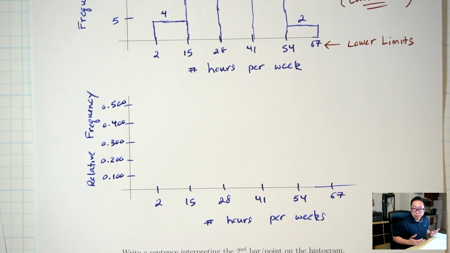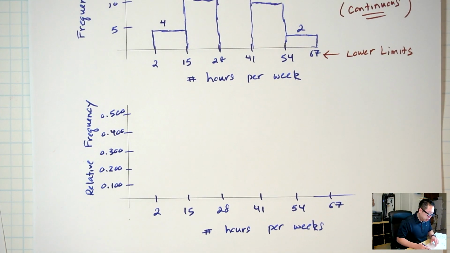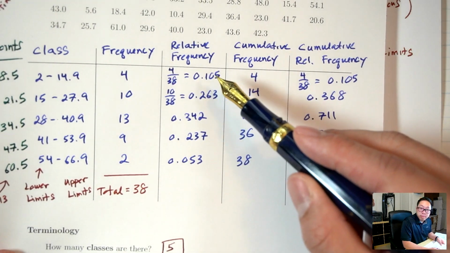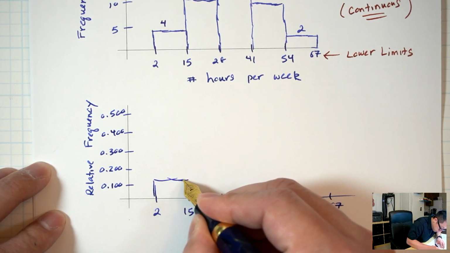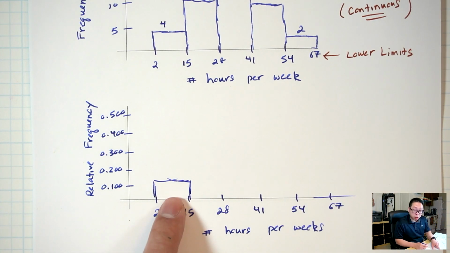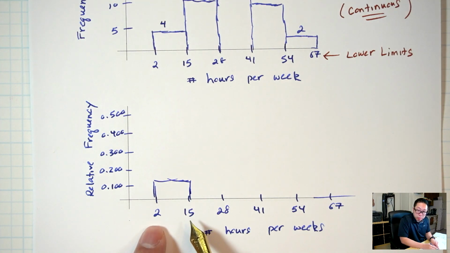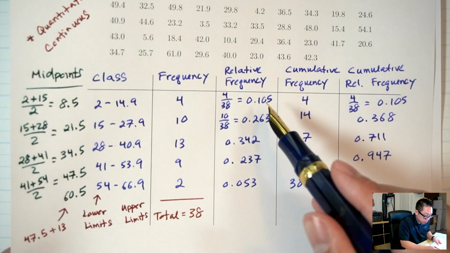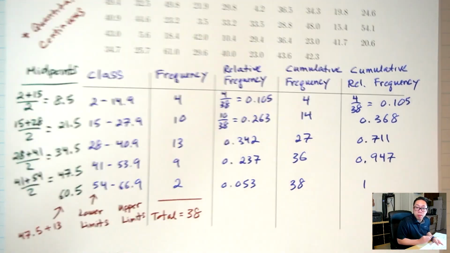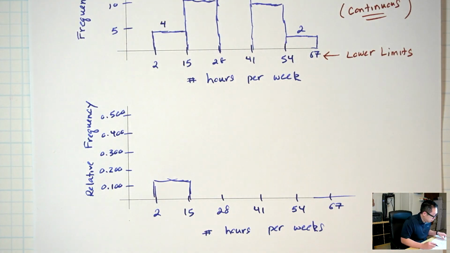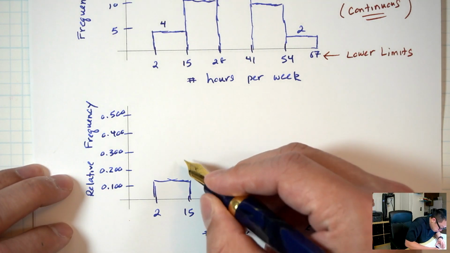Okay, same picture, bars. The first relative frequency is 0.105. The bar goes above the range, because the 0.105 represents 2 to 14.9. Next up is 0.263.